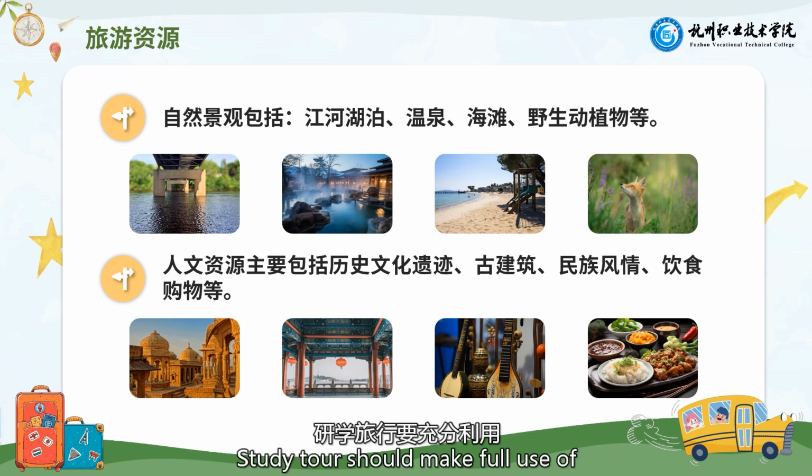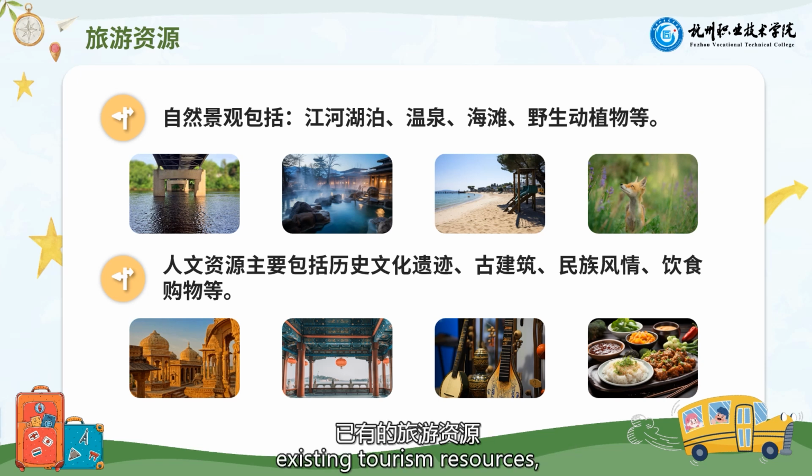Study tool should make full use of existing tourism resources, transform the connotation and characteristics of resource points into curriculum content, and endow them with cultural and educational significance.